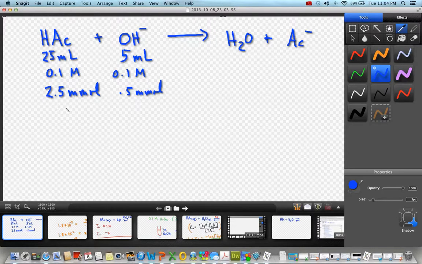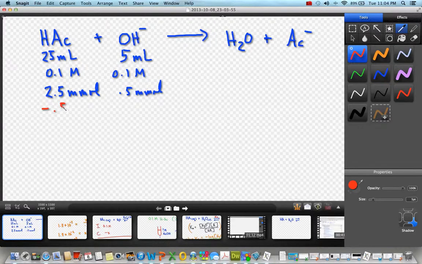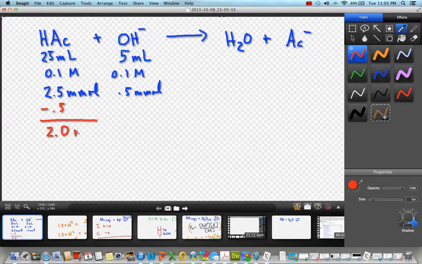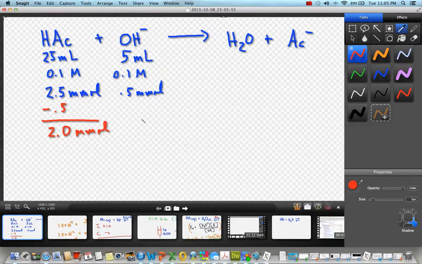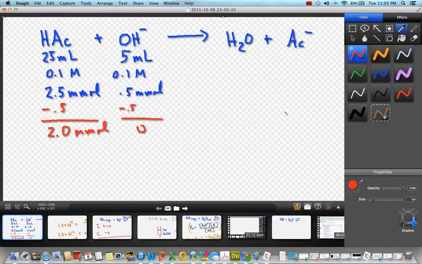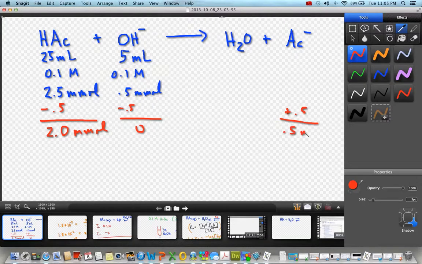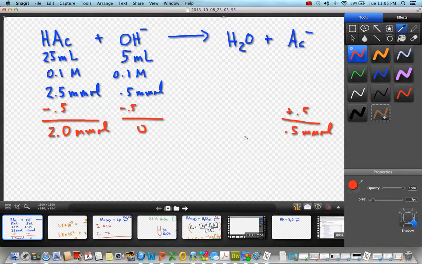That means at equilibrium, 0.5 millimoles of this base is going to neutralize 0.5 millimoles of acid. That'll leave me with 2 millimoles. It'll leave me with no base, but it will produce 0.5 millimoles of acetate.